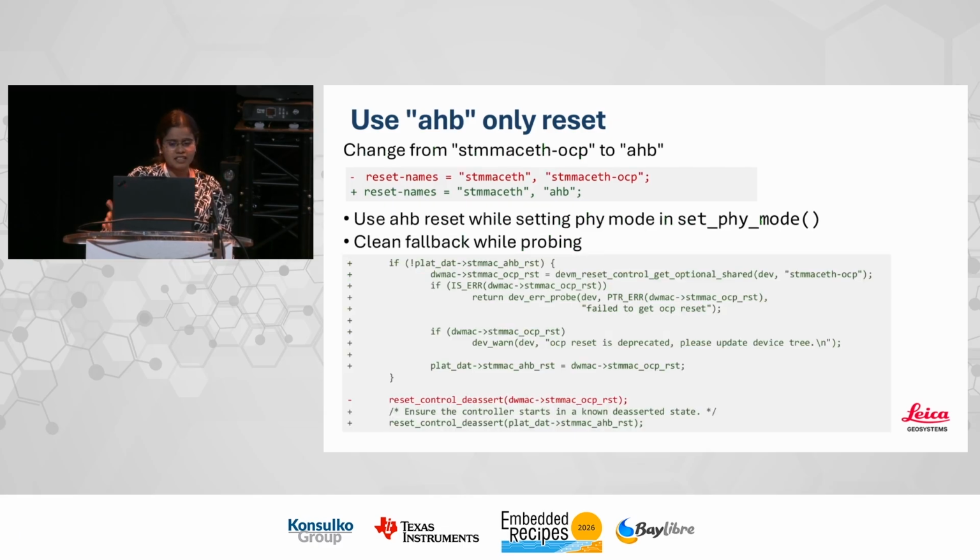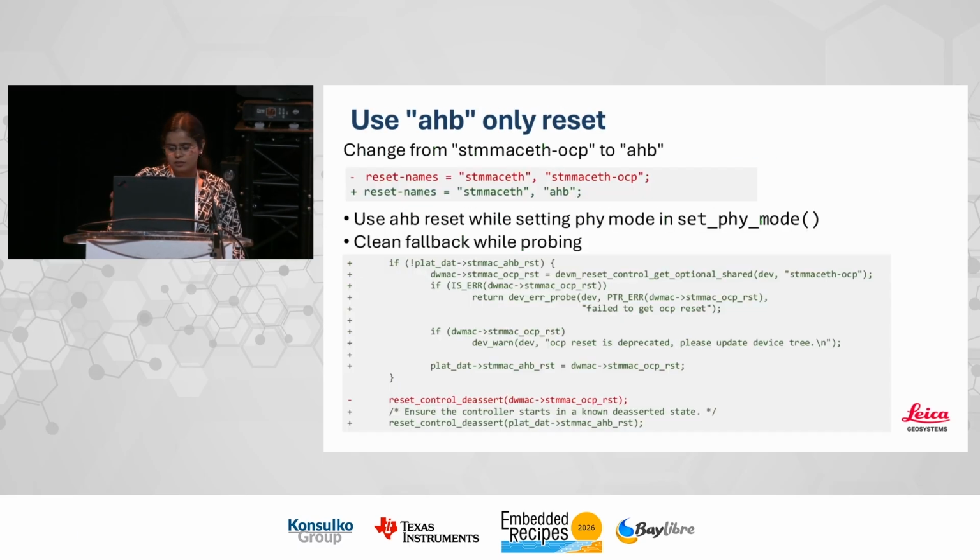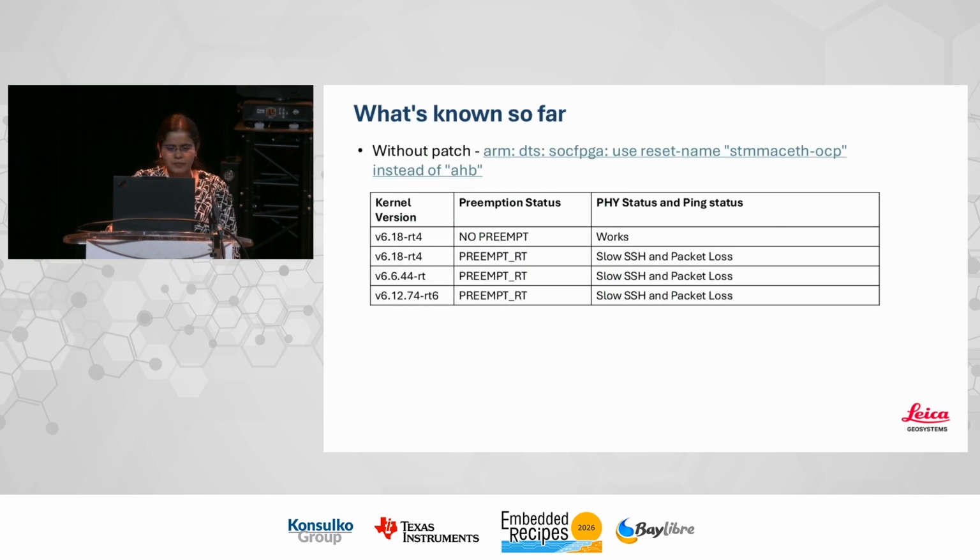And also clean up the fallback while probing so that it's compatible with the older DTS if it's around, and also make sure it's deasserted. This fallback mechanism is a suggestion, but it's still not in upstream, and it's still under discussion.